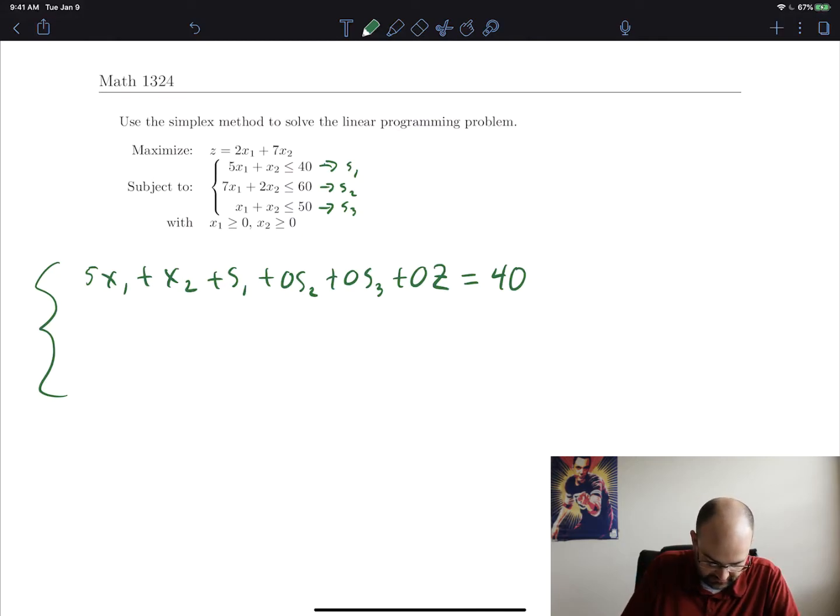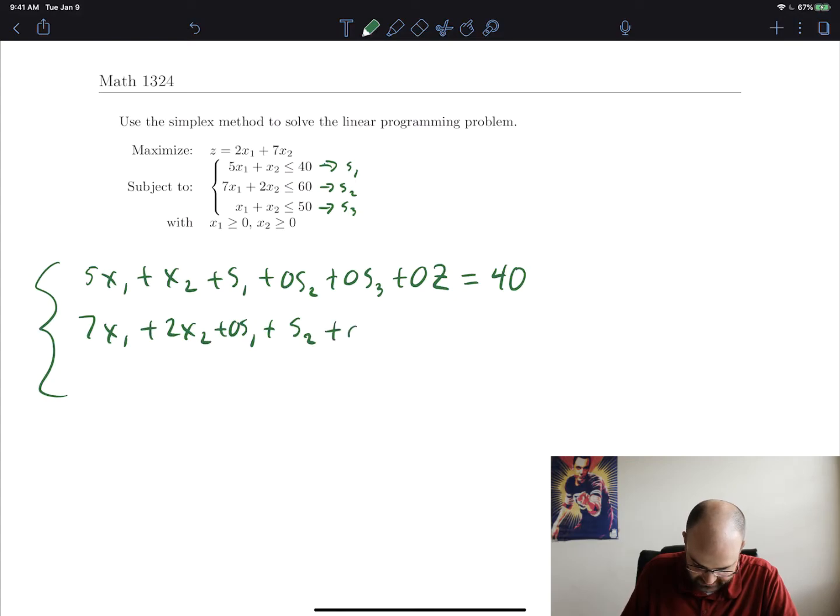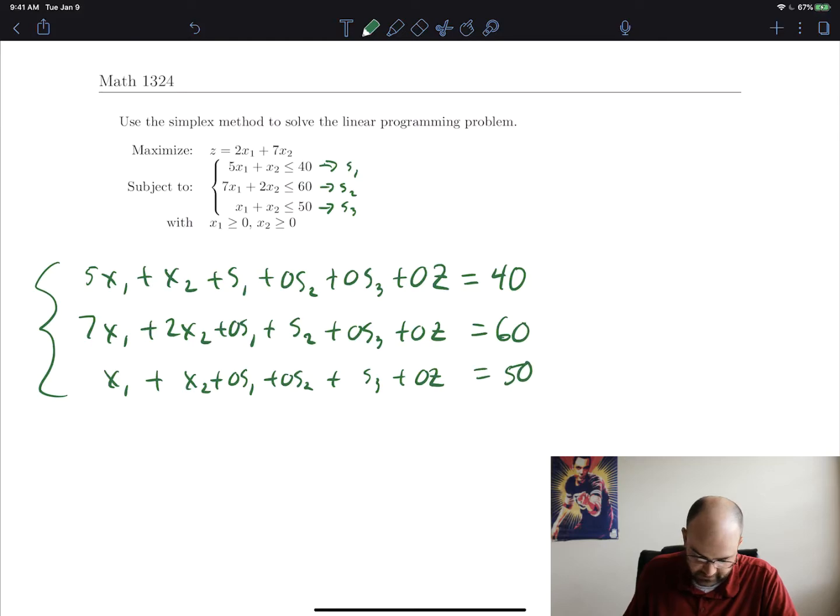For the next one, we have 7x1 plus 2x2 plus 0s1 plus s2 plus 0s3 plus 0z is equal to 60. Then, of course, we have x1 plus x2 plus 0s1 plus 0s2 plus s3 plus 0z is equal to 50.